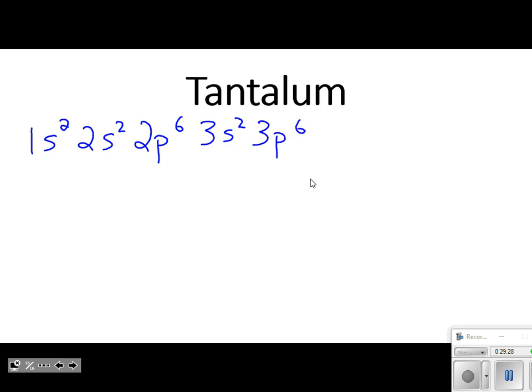What element am I at? Argon. The last one of the 3p's. Then comes 4s2. Remember, after the 4 s's come the 3d's. So I have 10 on the 3d's.